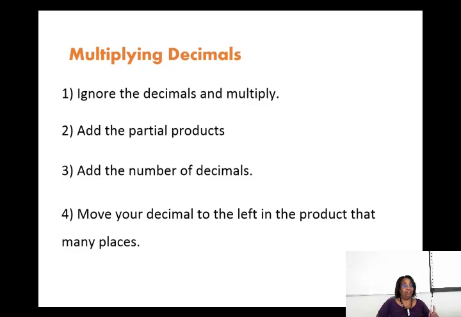Now, the first thing you need to do when you're multiplying decimals is you need to ignore the decimal. Ignore the decimal place. And you're going to create what's called partial products and then add them up. Who can tell me what multiplication is? What is multiplication? What's a good definition?